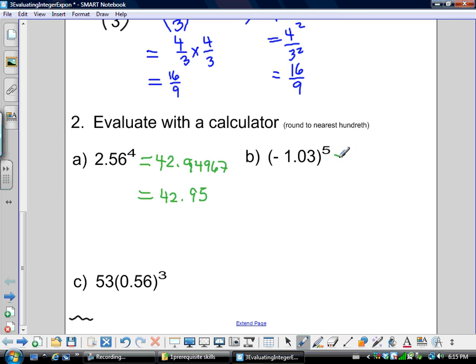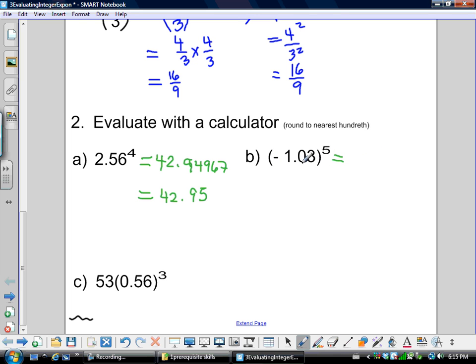Okay, the next one. My base here is negative. So when you're using your calculator, make sure you put a bracket, then the negative 1.03, close your bracket to the power of 5. The reason being, not all calculators are created equal. And just to make sure that your calculator is using a negative base.